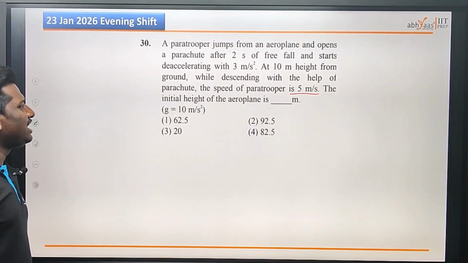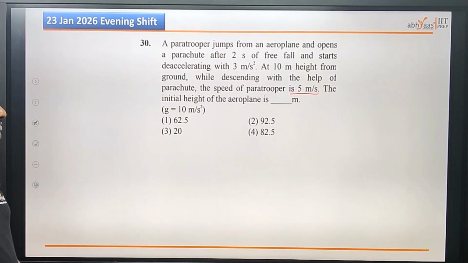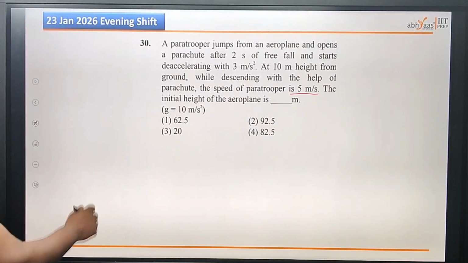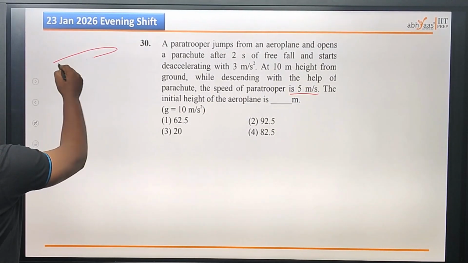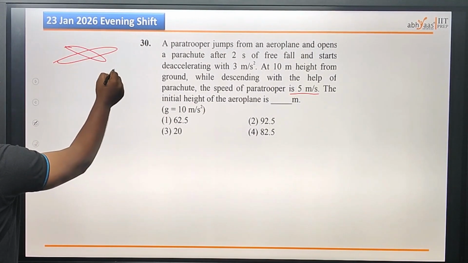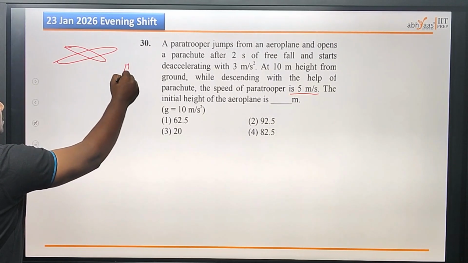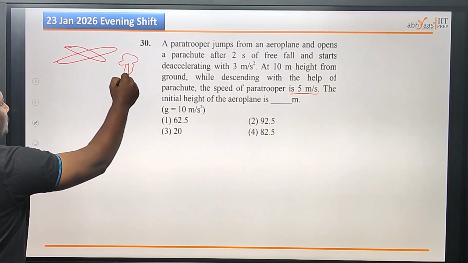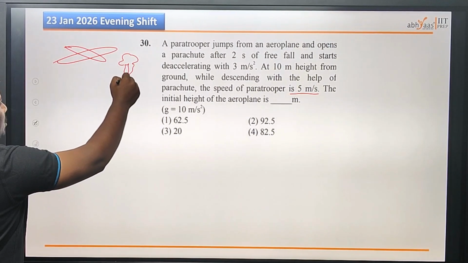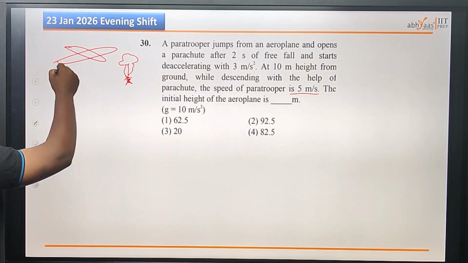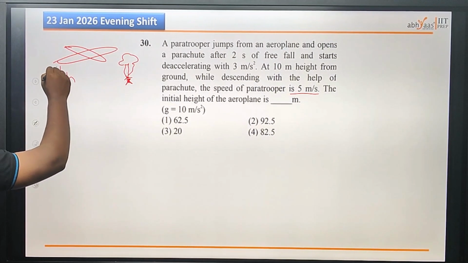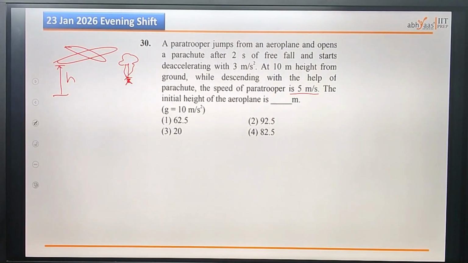Find the initial height of the aeroplane. So we are having one aeroplane, one paratrooper is going down from that aeroplane. You have to find the height of the aeroplane.